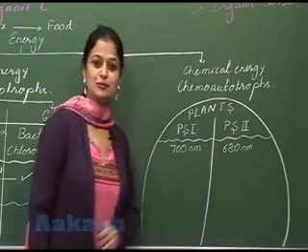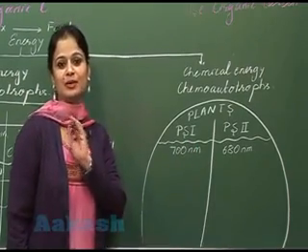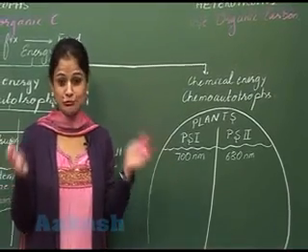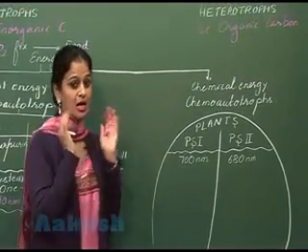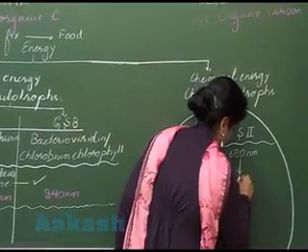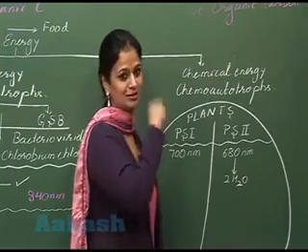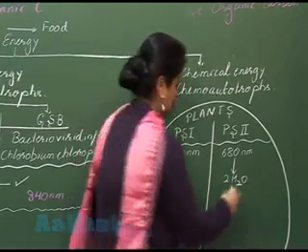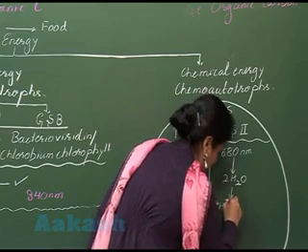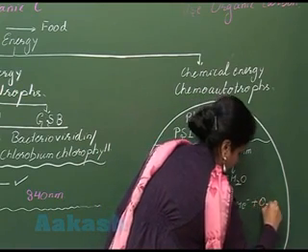Now the photosystem 2, when it absorbs light energy, it results in breakdown of water. Yes, you call this as photolysis of water. Due to the breakdown of water, there is a release of hydrogen ions, electron, and oxygen.